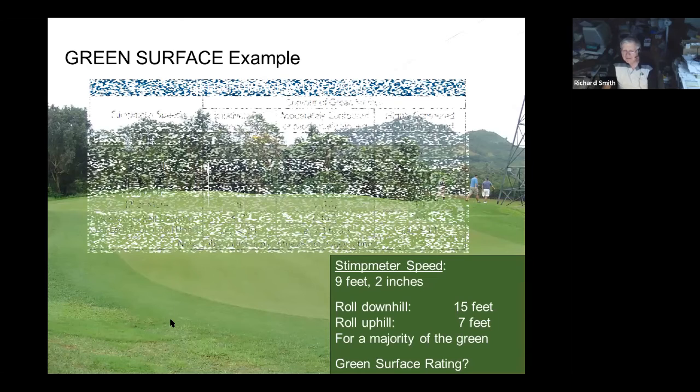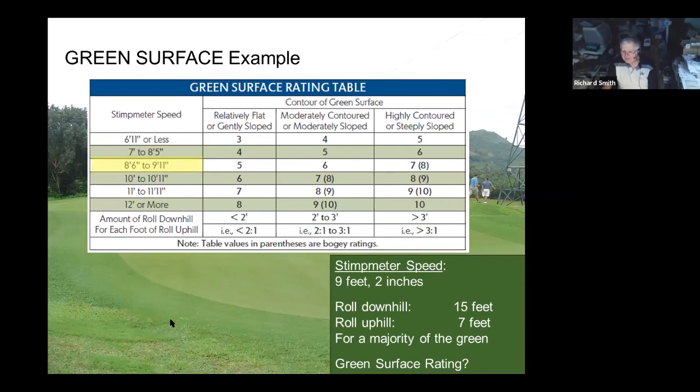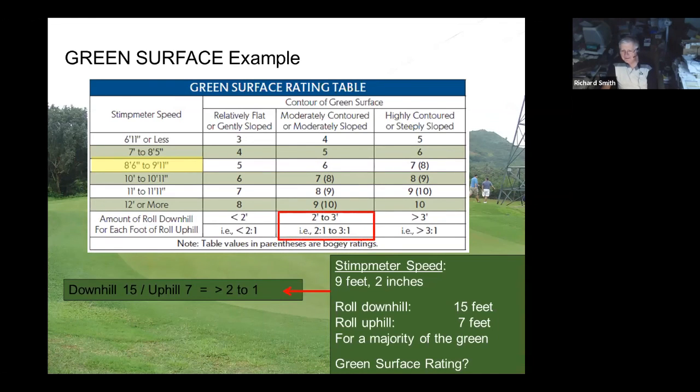Well, this puts us in the 8'6" to 9'11" range. The ratio downhill to uphill is greater than 2 to 1. So that puts us here. We're a moderately contoured or moderately sloped green. And so the green surface rating would be 6.